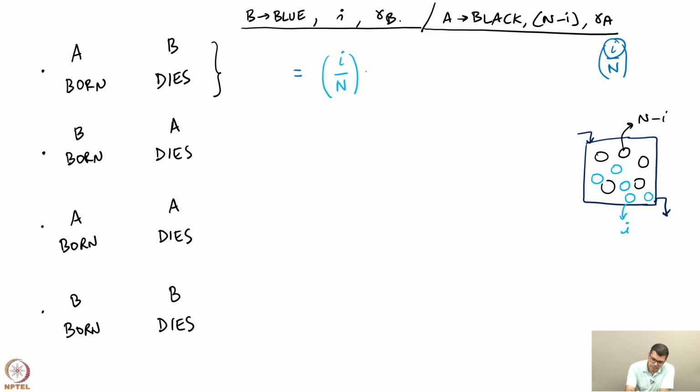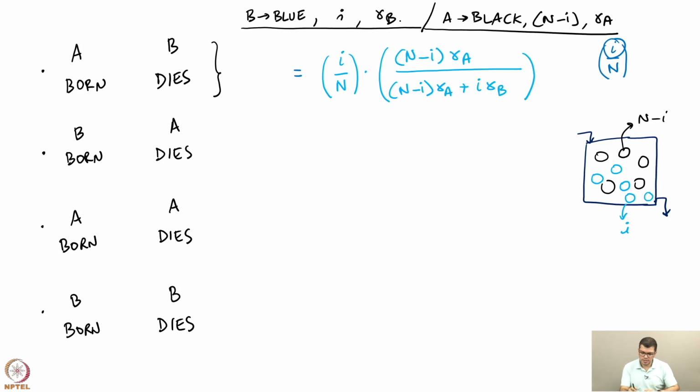This has to be multiplied with the probability that an A type individual is born. This is estimated with the following mathematical relationship. N minus I, I will write this first and then explain: (N minus I) times RA divided by (N minus I) times RA plus I times RB.